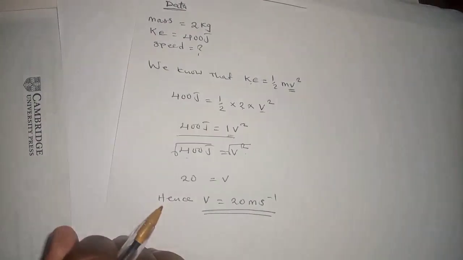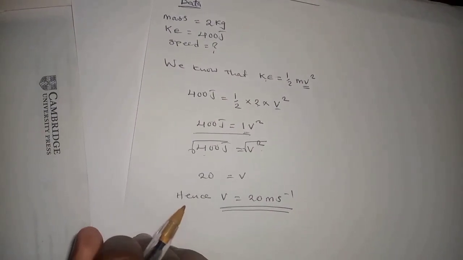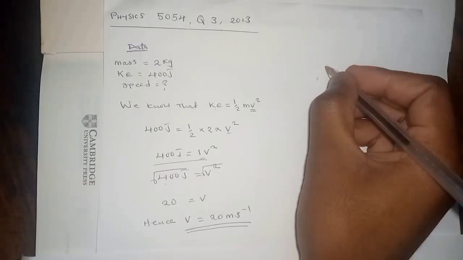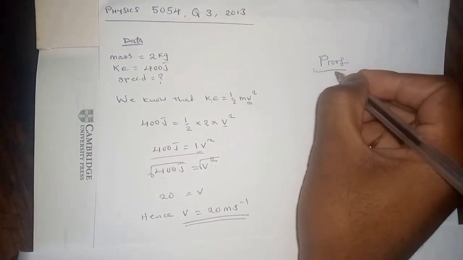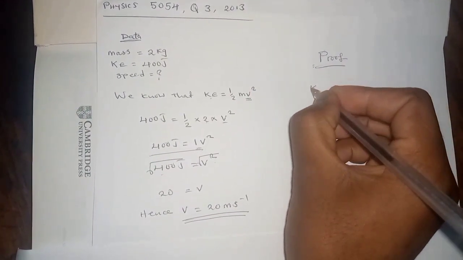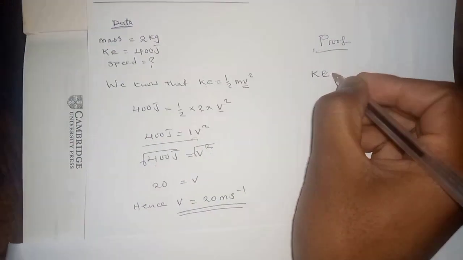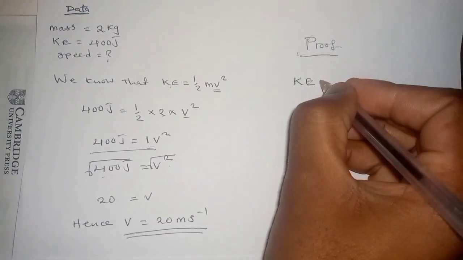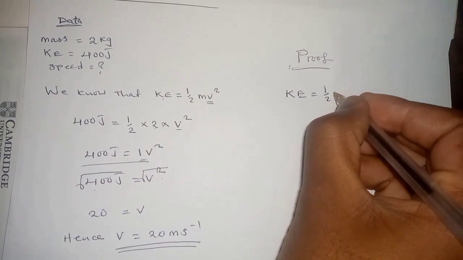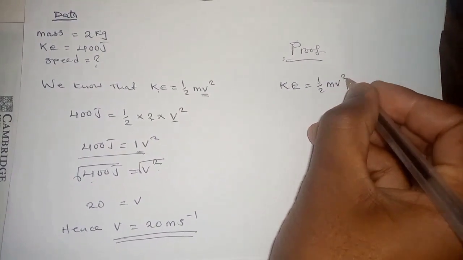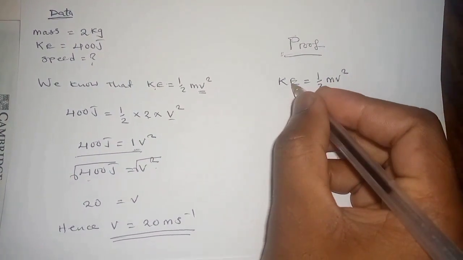So let's see if there is a way in which we can prove our answer. Let's say proof here. We know that kinetic energy is equal to half m v squared. Of course, we know what m and v are.